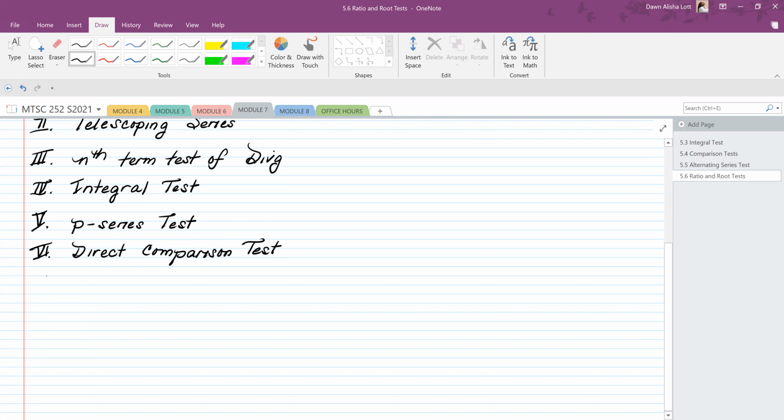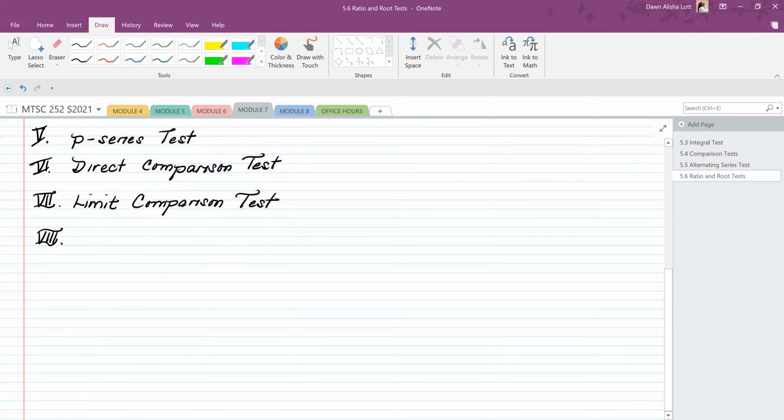Then the seventh test, I feel like I'm missing one. I am missing one, the limit comparison test. Then the eighth test is the alternating series test. And the ninth test was the test of absolute convergence.